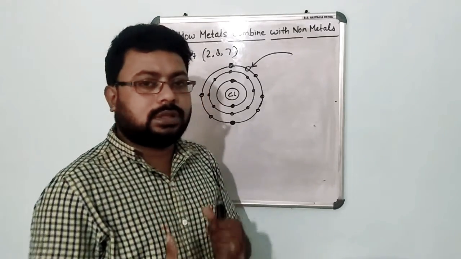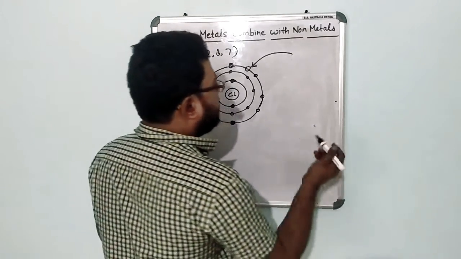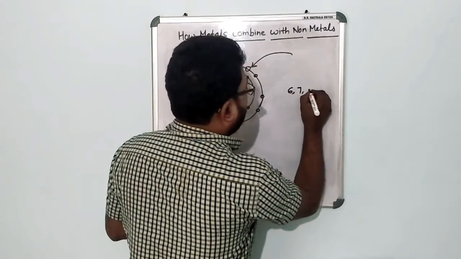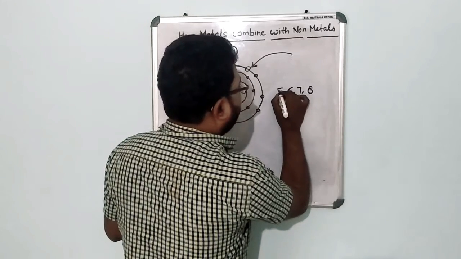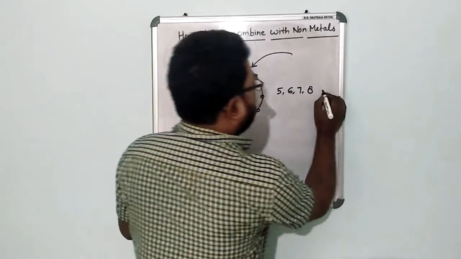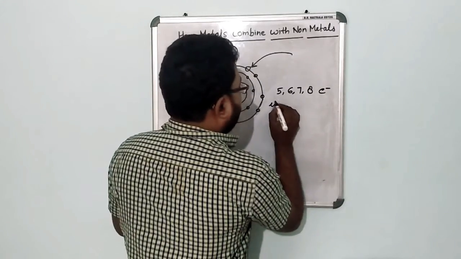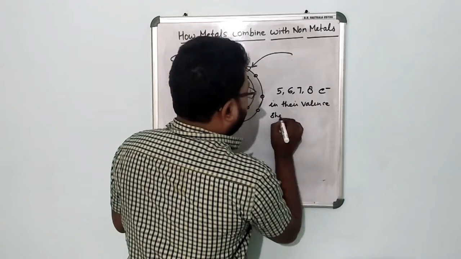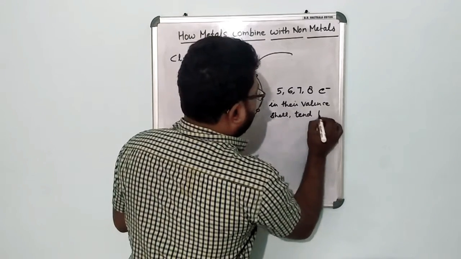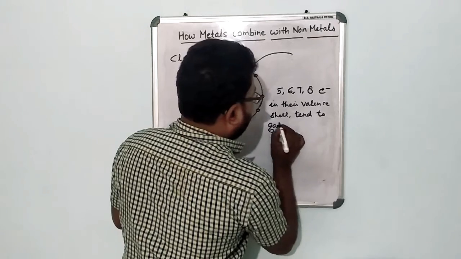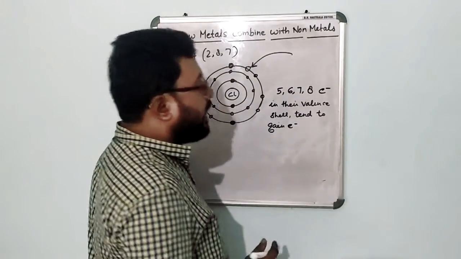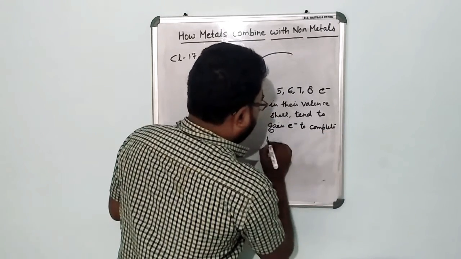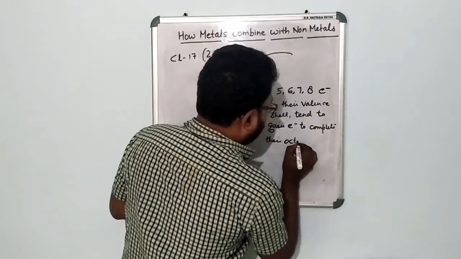Okay, so normally it is seen that any element which has got around 5, 6, 7 or 8 electrons in their outermost shell, in their valence shell, tends to gain electrons to complete their octet.